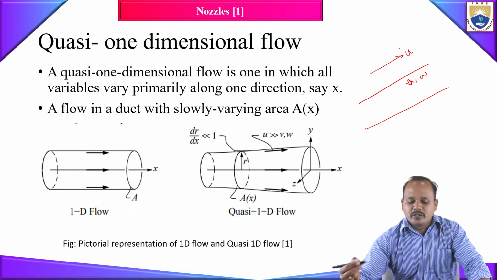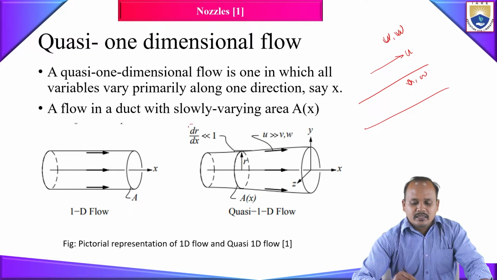For example, if my flow is moving in the x direction, you will have u, v, and w. But when we compare, v and w are much smaller than u, or u is much greater than v and w. That is the quasi one-dimensional flow.